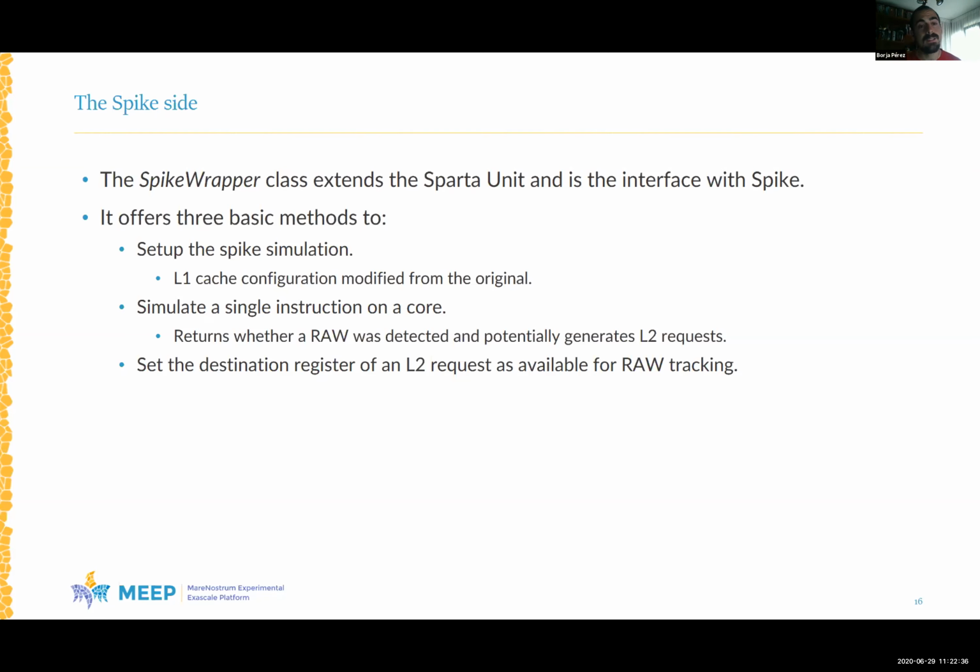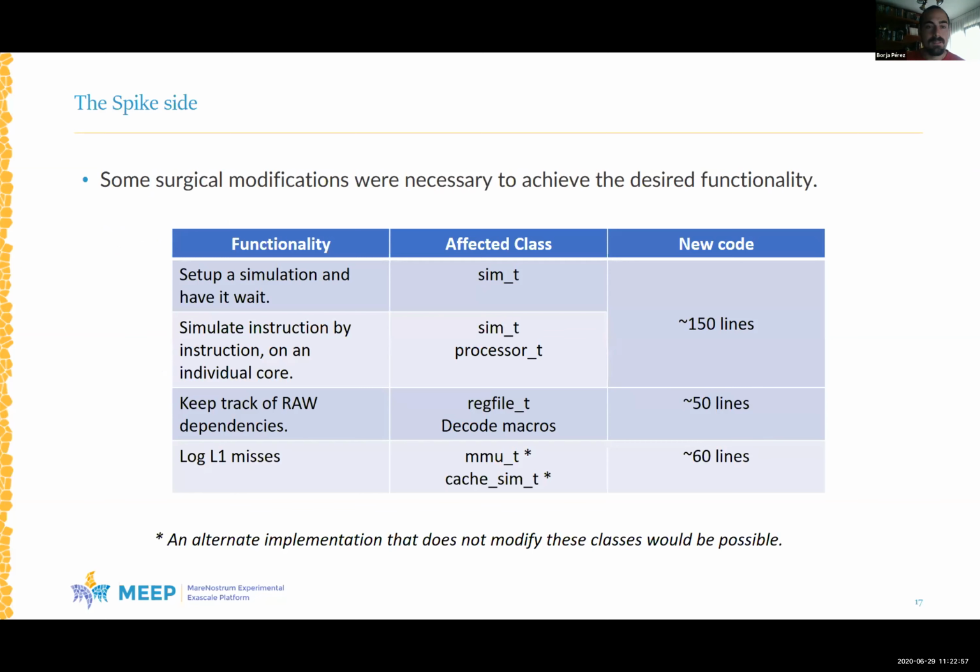Straightforward. When you look at the code in this table, I give you a very broad overview of the changes. We needed to set up a simulation, and that affected the simulation class. We also needed to simulate instruction by instruction. That had an impact on the simulation and the processor classes, and that's more or less 150 lines of code.